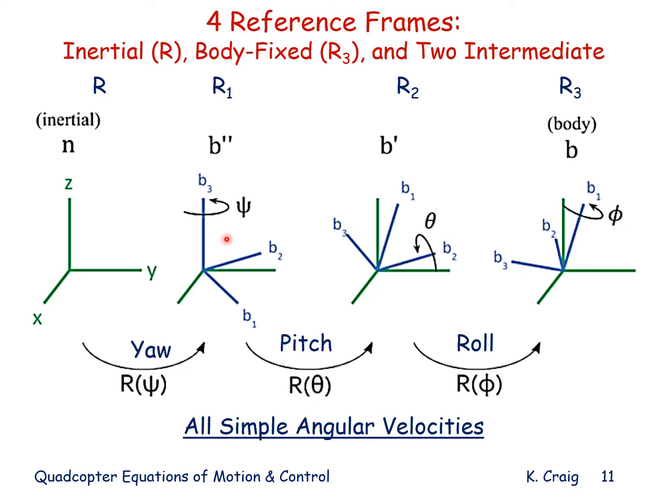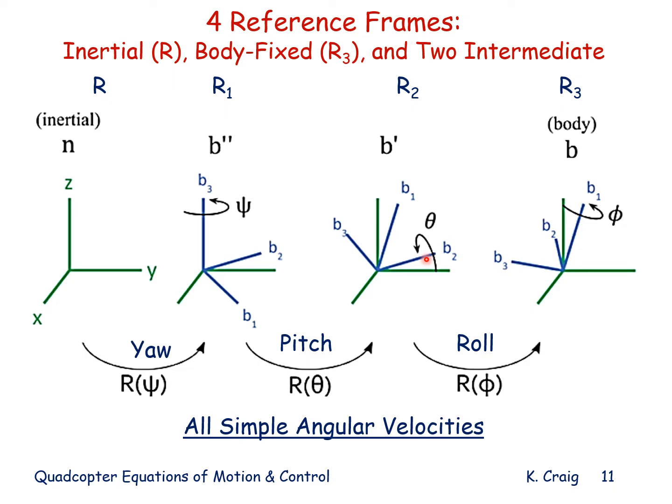If I then rotate about the B2 axis of the body fixed reference frame, as shown here, which is a pitch rotation, the angle being theta, the B2 axis in reference frame R1 and the B2 axis in reference frame R2 stay parallel through this pitch rotation.